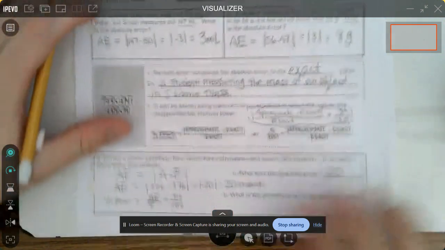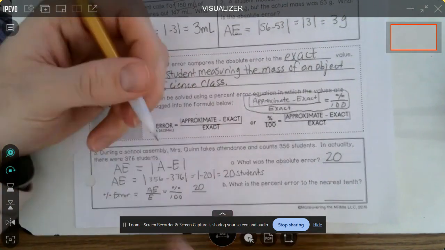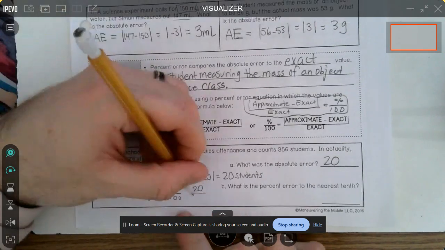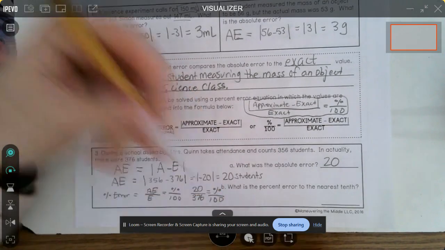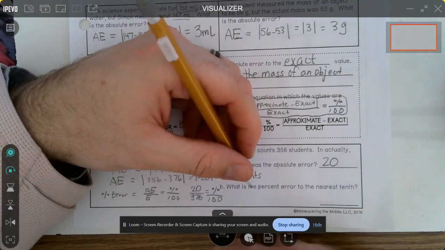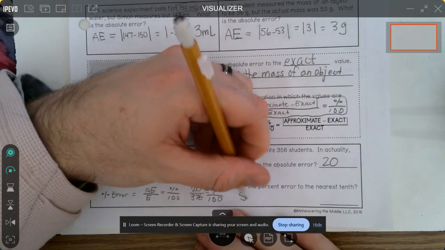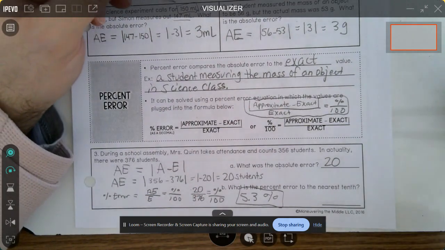So 20 over exact. Exact is 376, equals percent over 100. Cross multiply and divide, and you get your percent error to be 5.3% when you round to the nearest tenth.